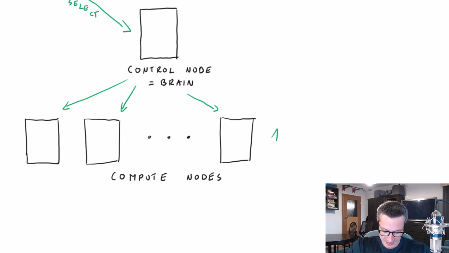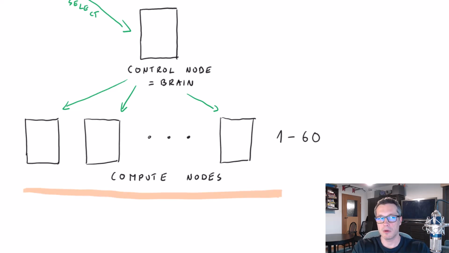And now we can have between 1 and 60 compute nodes, depending on how much we want to pay and how much compute power we need. And there is a setting that I will show you in a second that determines the number of compute nodes. So this was the compute power that is available inside our dedicated SQL pool.